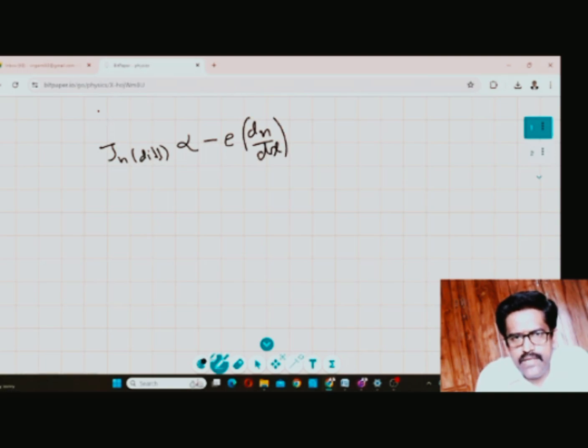This dn by dx is the concentration gradient.